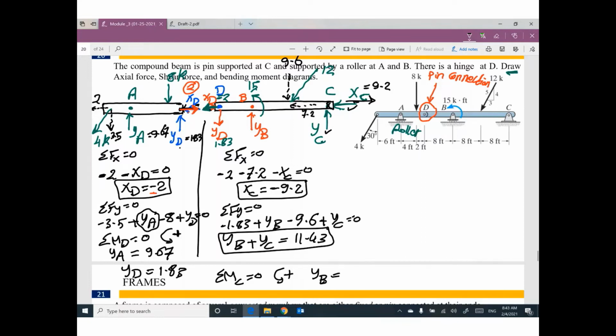The value of YB will be 9.6 times 8 minus 15 plus 1.83 times 8, which is 24, divided by 16. That is 6.6. If you put YB equals 6.6, you can get YC, 4.9.